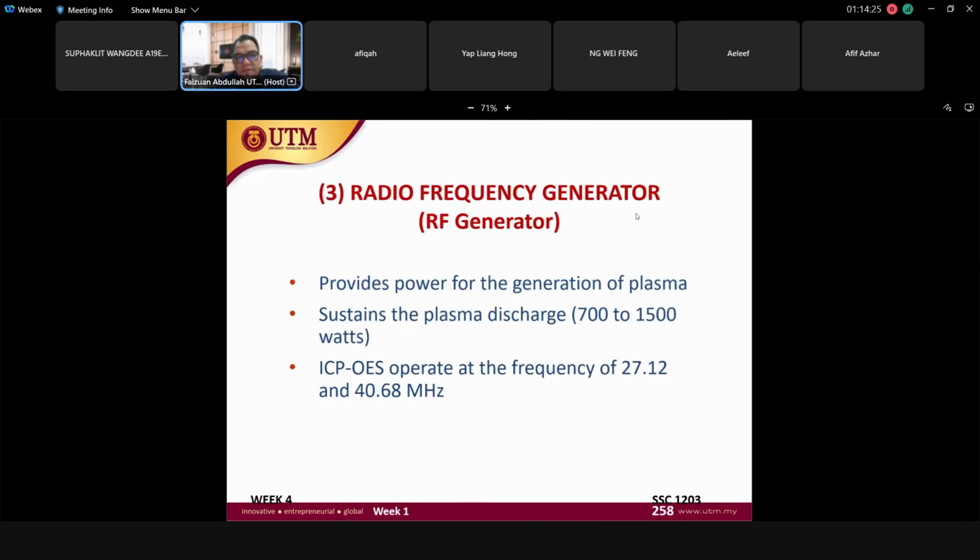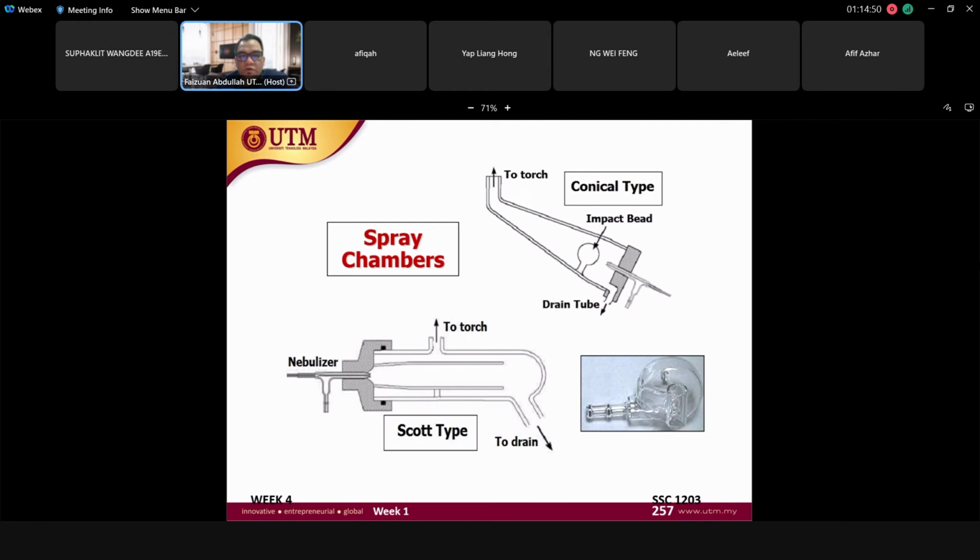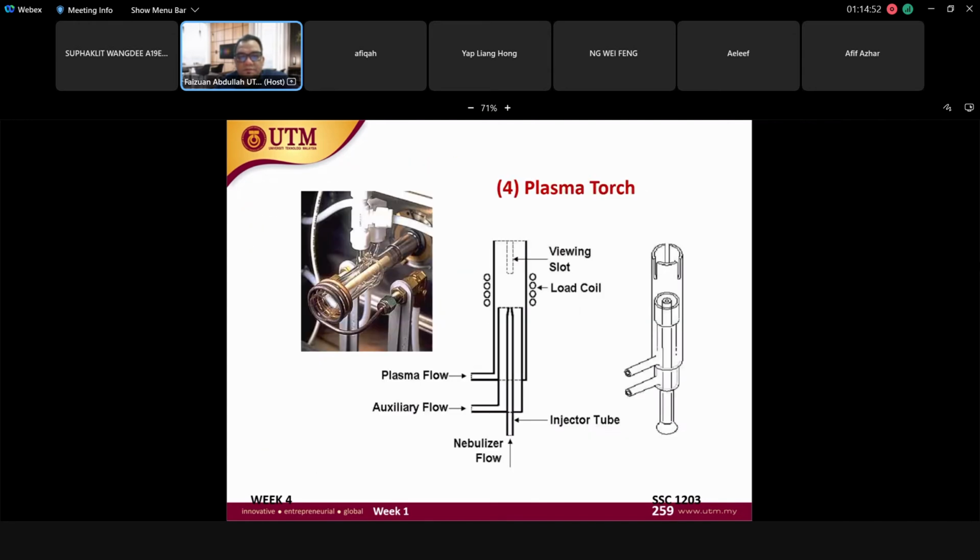The radio frequency generator provides power for the generation of plasma and sustains the plasma discharge. ICP OES operates at frequencies of 27.12 and 40.68 megahertz.